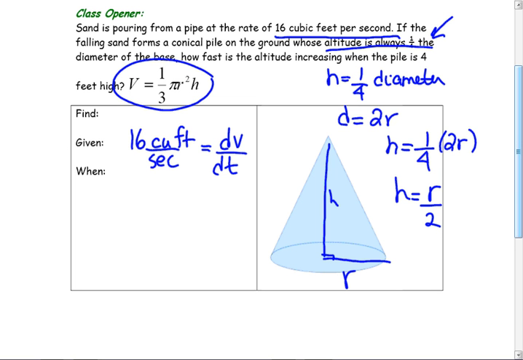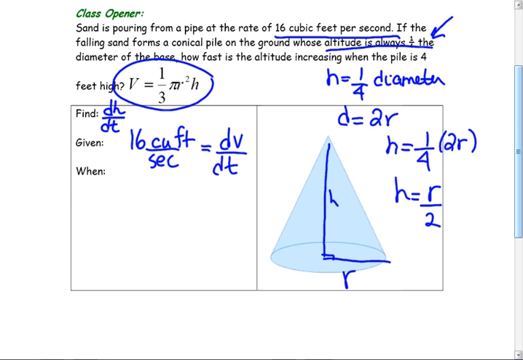Now, how fast is the altitude increasing? This is the altitude, and I want to know how fast that's increasing. That's a derivative, dH/dt.